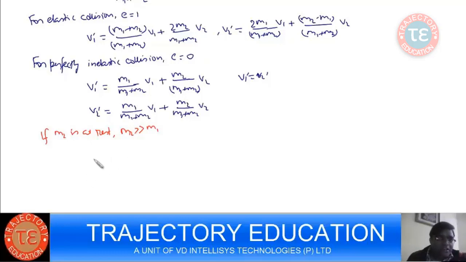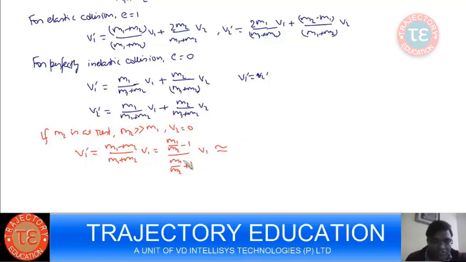Putting v2 as 0, v1' is (m1 minus m2) over (m1 plus m2) v1, which is (m1 by m2 minus 1) over (m1 by m2 plus 1) into v1, and that's going to be minus 1 if m2 is very large compared to m1. So I'm getting v1' as minus v1, right?